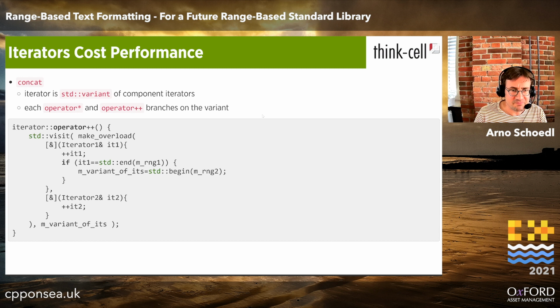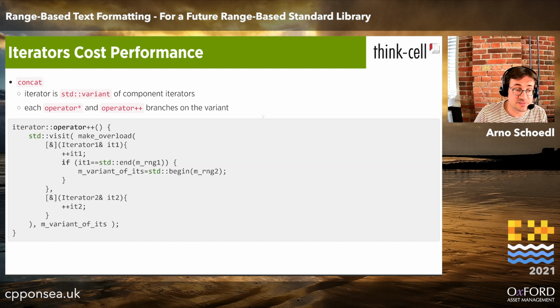And that requires that every time you do an iterator operation, you actually have to branch on the component that you're currently in. So, for example, the iterator operator ++ of the concat will look something like this. You do essentially a std visit, and it would need to branch on the variant type.